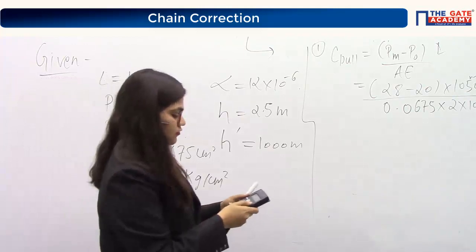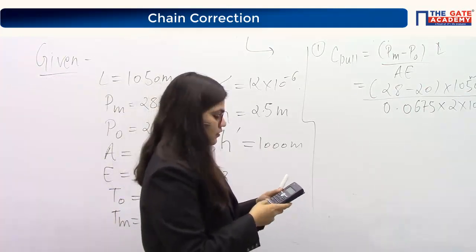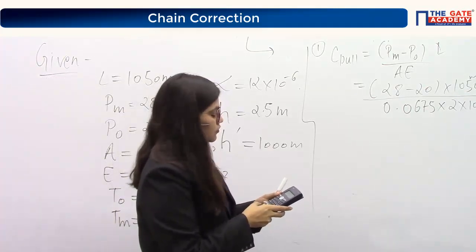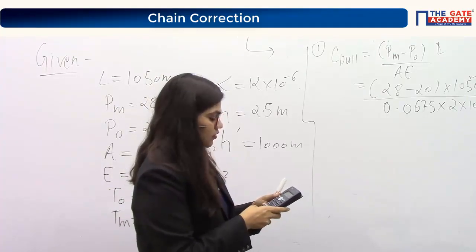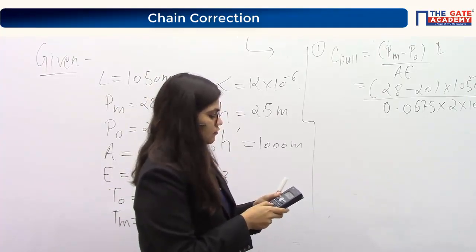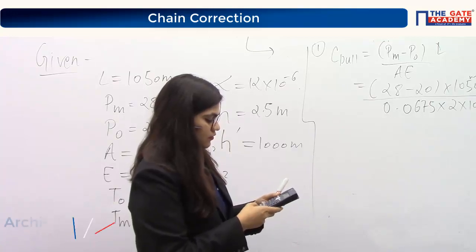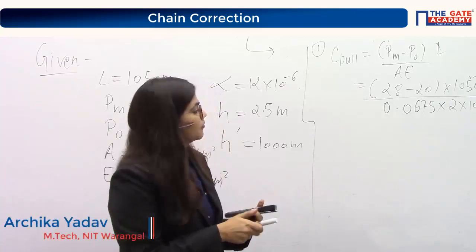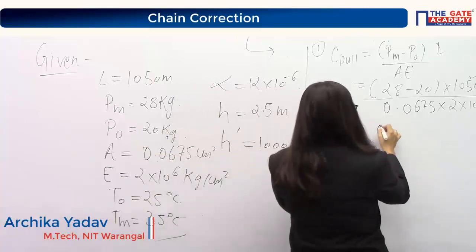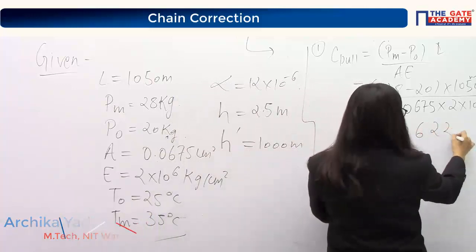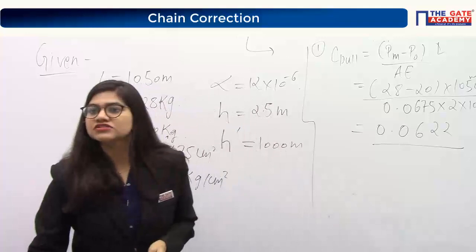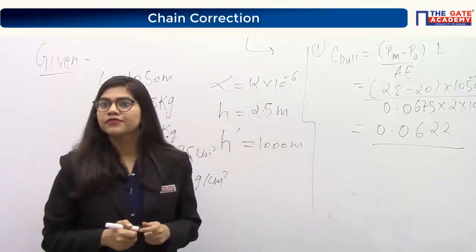I'll just see it. (28 minus 20) into 1050 divided by 0.0675 into 2 into 10 to the power 6. It is coming out to be 0.0622. 0.0622 only.